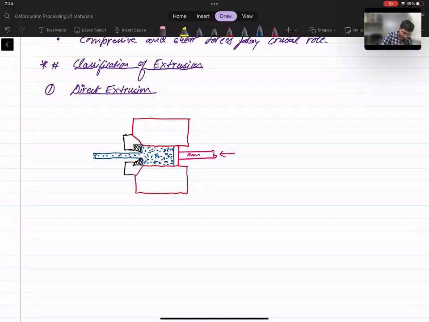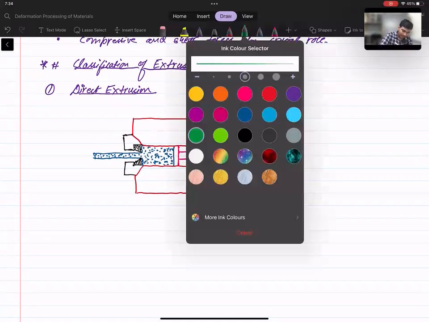Here, since we call this direct extrusion process, you can see that the direction of movement or motion of this ram and the extruded product are same. Okay. So this was the container. Let me label the diagram. Just use some other color for the labeling purpose.